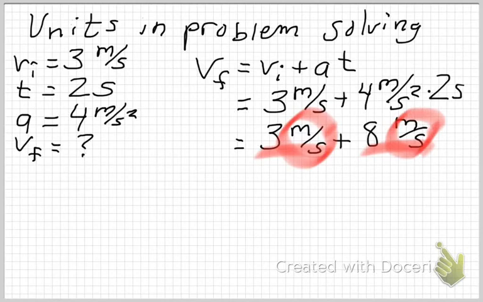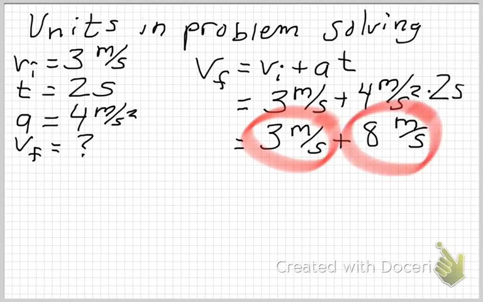If you found that you had something that looked like this, imagine meters per second plus meters per second squared, you would have raised a red flag that you've done something that's not representative of how the universe works. And you would have identified an error before getting to the end of the problem. Okay, so that's red flag number 1. You should always be adding things with the same units together.